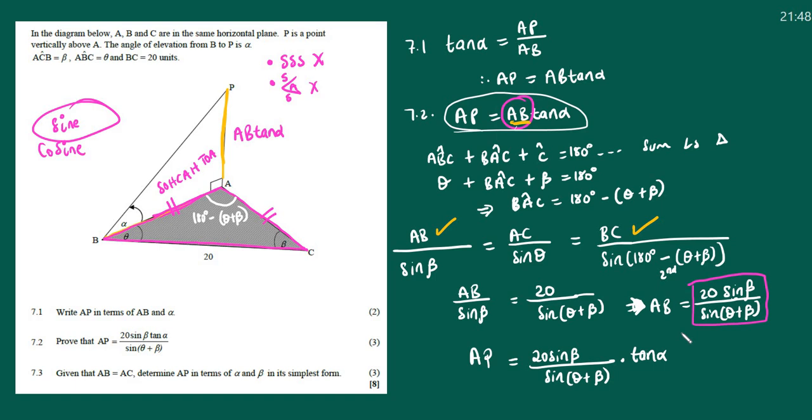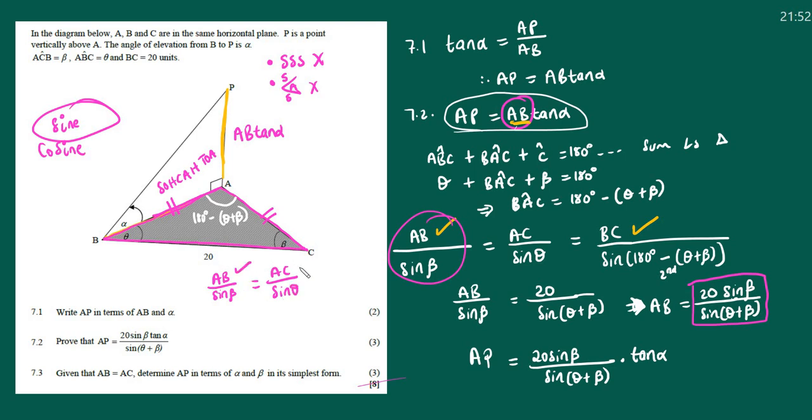But let's understand that since AB is equal to AC, it means AB over sine beta will be equal to AC over sine theta.